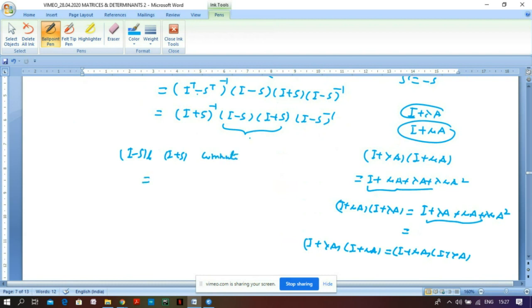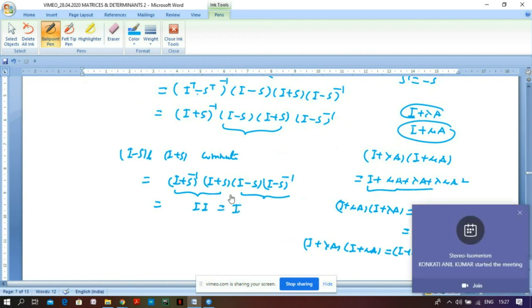So it just interchanged, and then we are good. I plus S inverse times here I plus S will come, times I minus S will come, and then inverse will come. Now it is this inverse that becomes I, and these two also give you I, so that gives I.